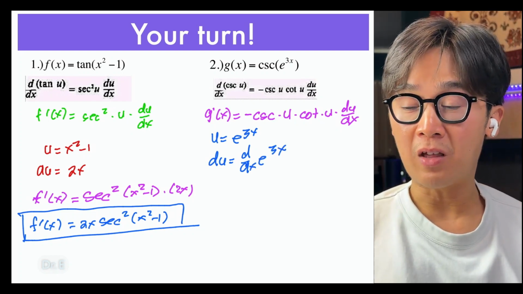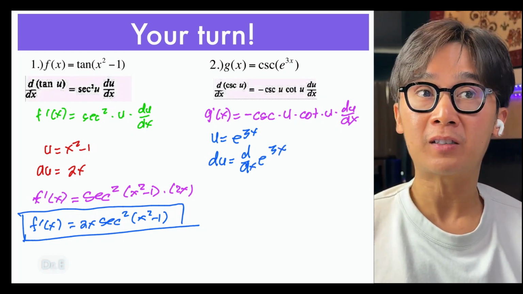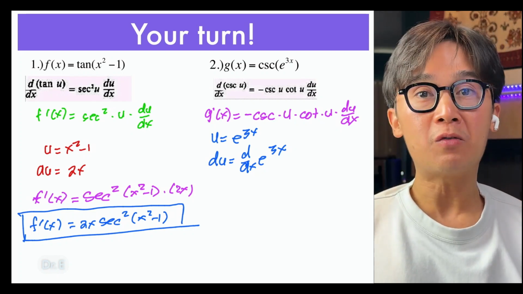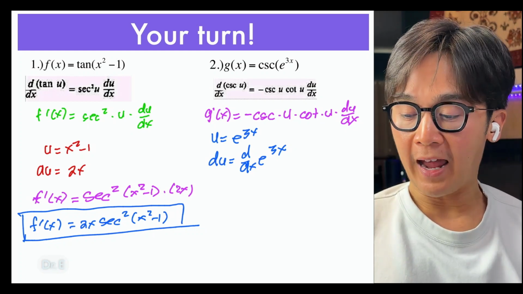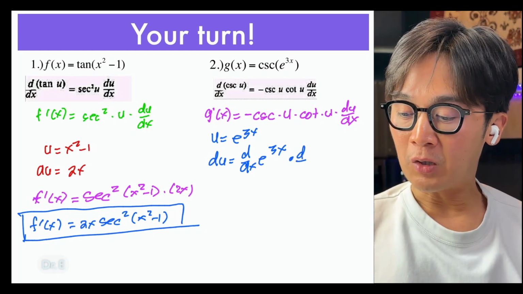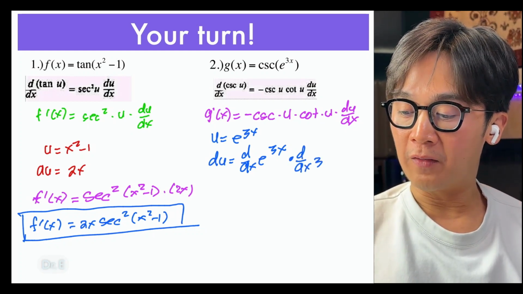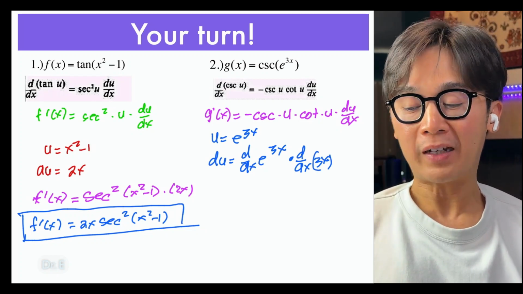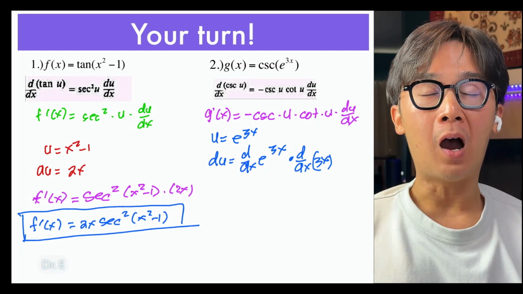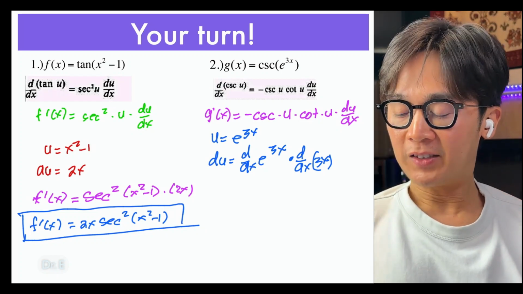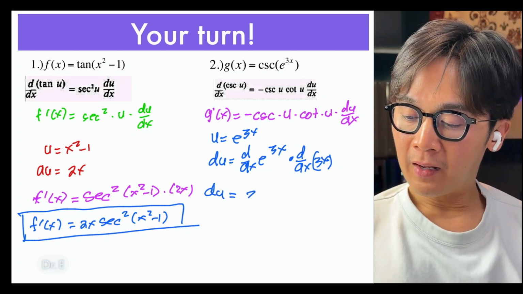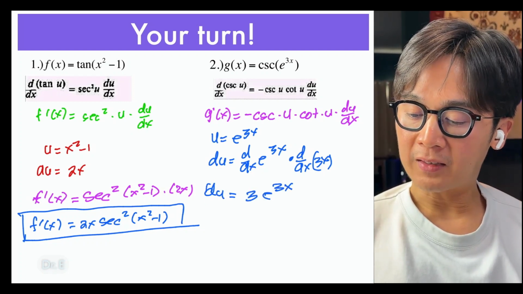And the derivative of e to the 3x is another chain rule. So this is a chain rule inside a chain rule, because the derivative of e to the 3x is e to the u du dx. And in this case, you need to multiply it with the derivative of 3x. And the u right here is your exponent 3x. So the derivative of that is 3, so du is actually 3e to the 3x.